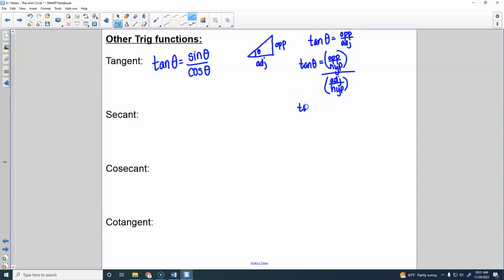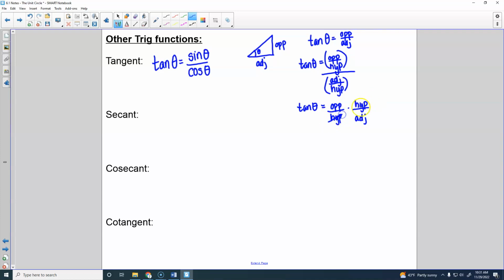So that means tangent of theta would equal opposite over hypotenuse times hypotenuse over opposite. What's going to happen with our hypotenuse there? Oh, sorry, I wrote that wrong. That's adjacent.